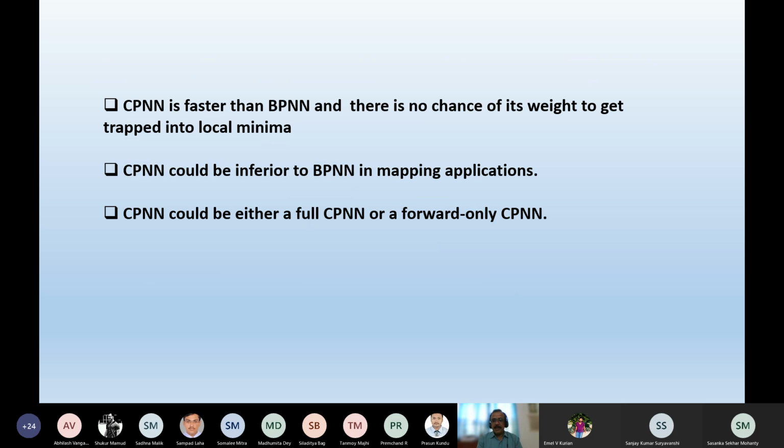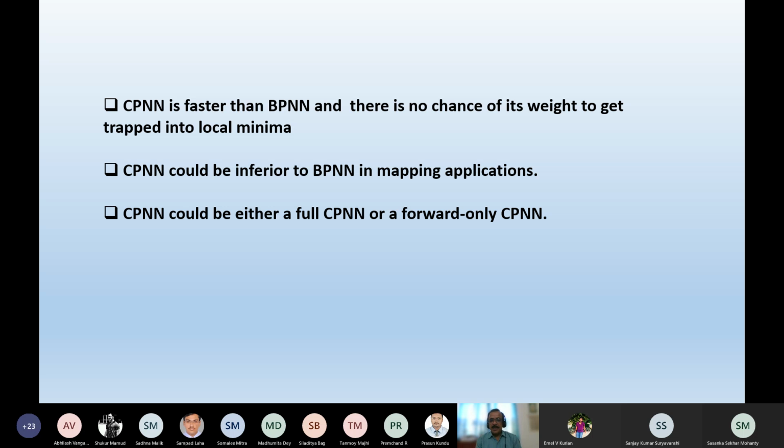Now, if you compare the performance of this CPNN with that of the multi-layered feed-forward network trained using back propagation, popularly known as BPNN, the CPNN is found to be computationally faster compared to the BPNN.